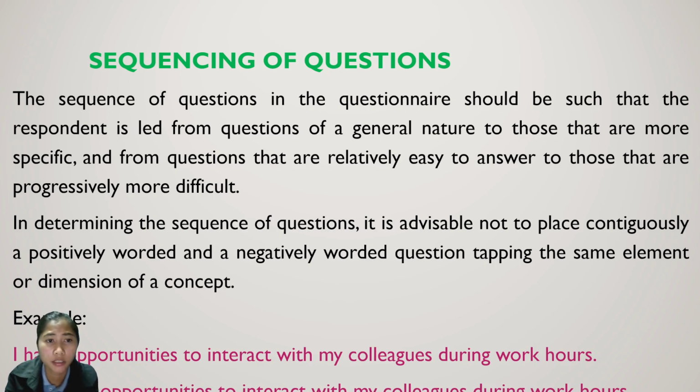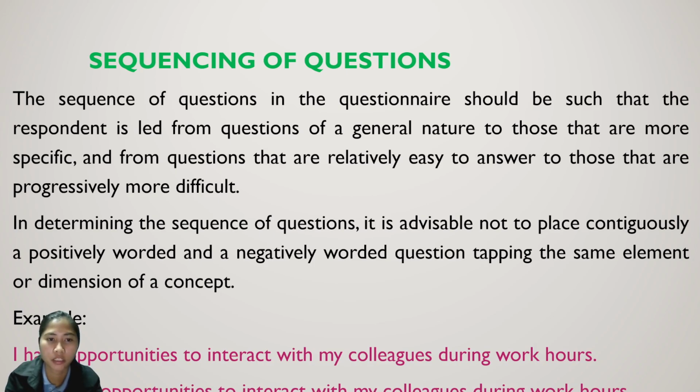In determining the sequence of questions, it is advisable not to place continuously a positively worded and a negatively worded question tapping the same element or dimension of a concept. Like, for example, I have opportunities to interact with my colleagues during work hours. I have few opportunities to interact with my colleagues during work hours.